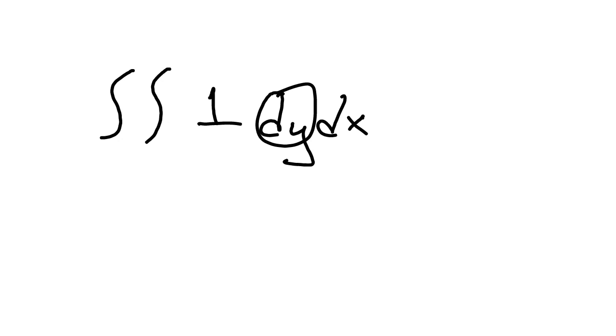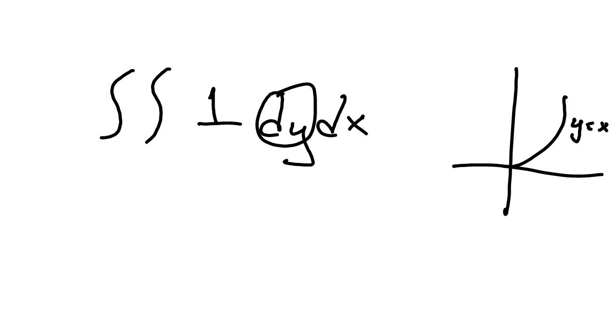Well, when I look at that picture, which one is on the bottom? That's the y equals x squared. And which one's on top is the y equals 4x minus x squared. So what do the y's range from? They range from the bottom one to the top.